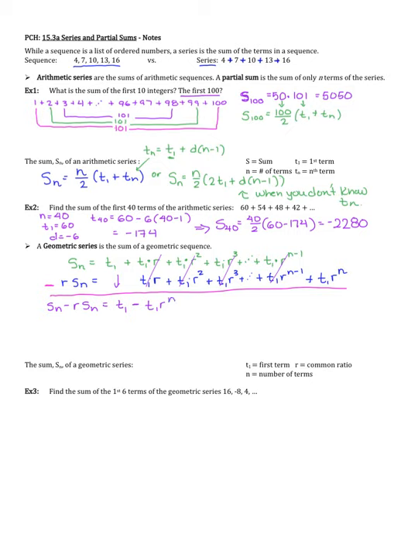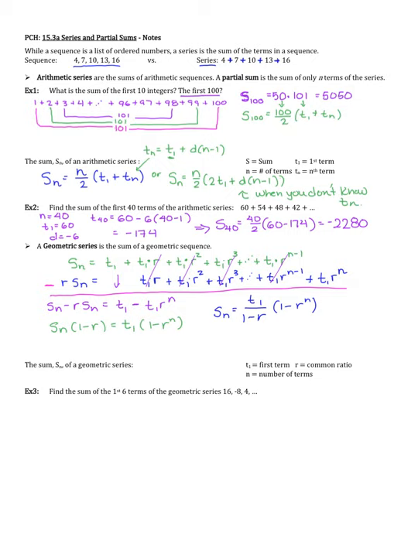And what I'm going to do is then factor out my S sub n and factor out my t sub 1. And then we want to isolate our S sub n. So S sub n is going to equal t sub 1 over 1 minus r, times 1 minus r to the n. So the geometric formula is a little more involved.